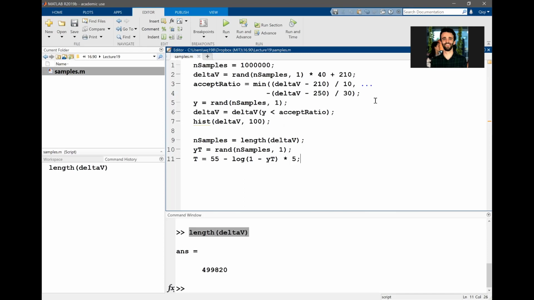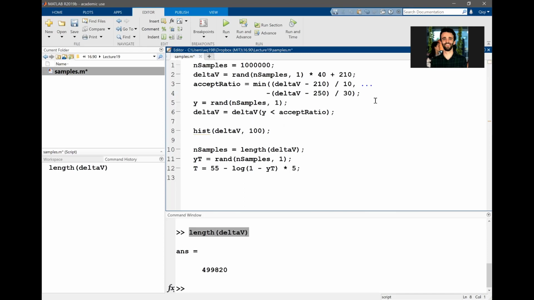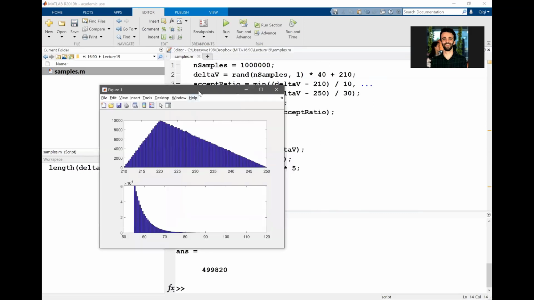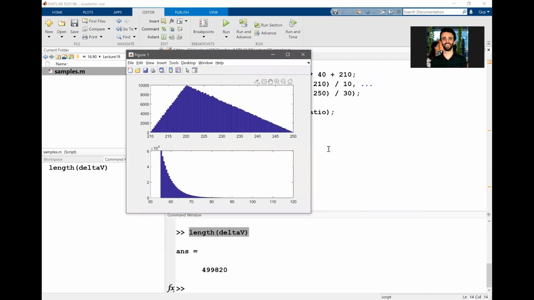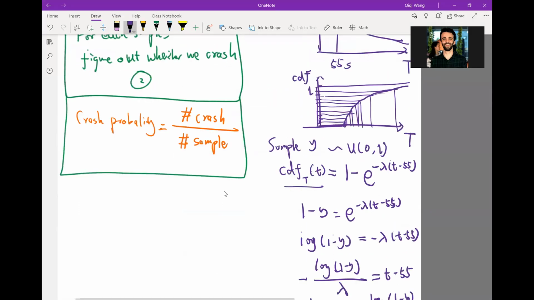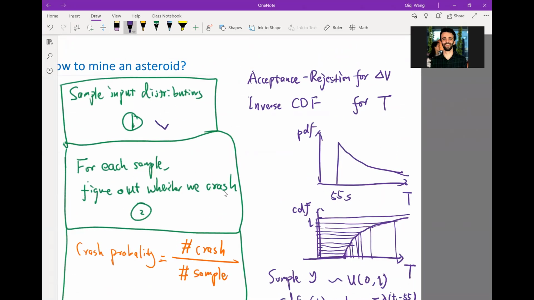Let's now make a subplot 2, 1, 1 here, and another subplot 2, 1, 2 here, and hist t with 100. All right, so now we have two distributions, one triangular and one exponential. That's our burn time. So we have completed our first task of sampling the distributions.